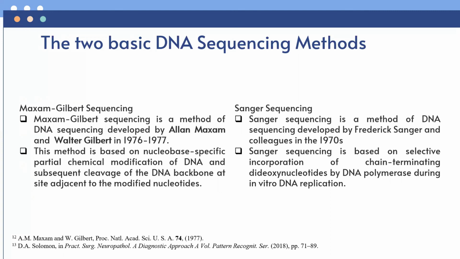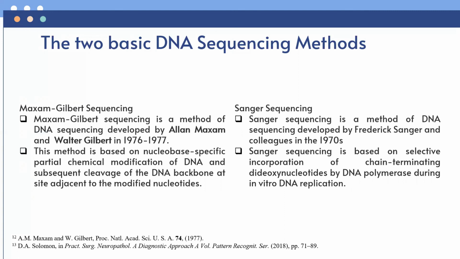On the other hand, Sanger sequencing is the chain termination method, which interrupts elongation of the DNA sequence by incorporating the dideoxynucleotide into the sequence.